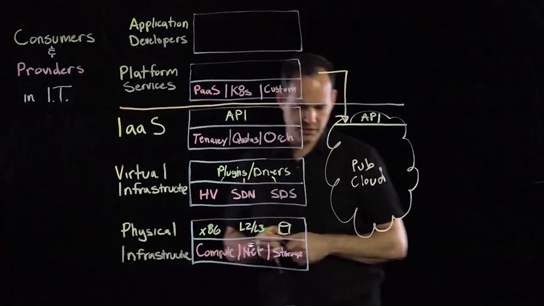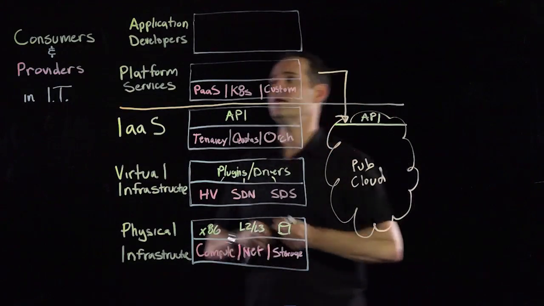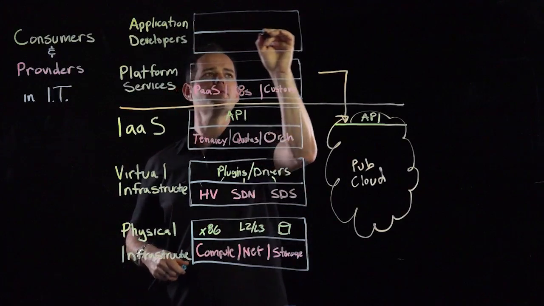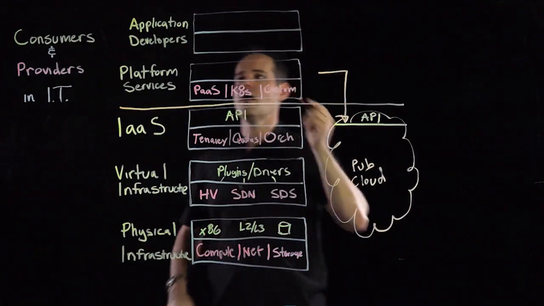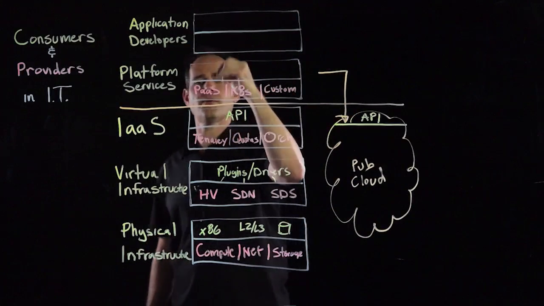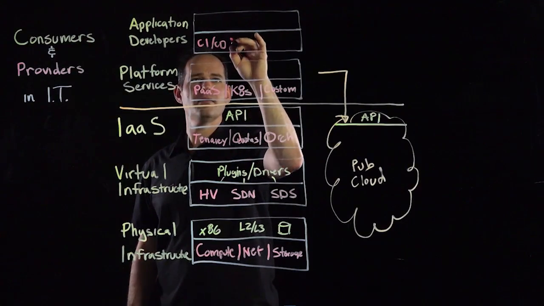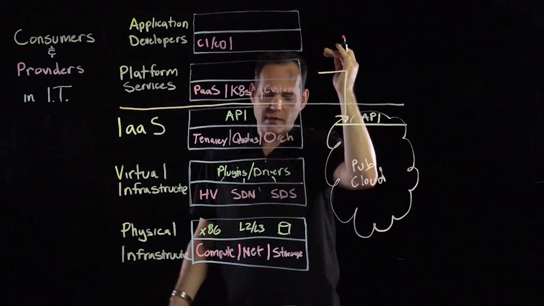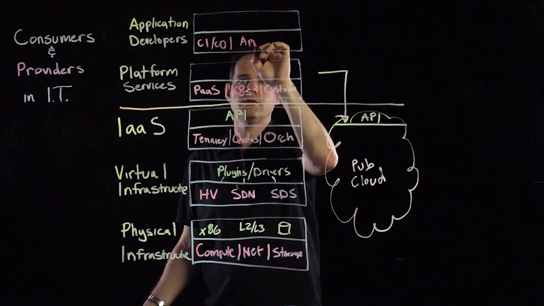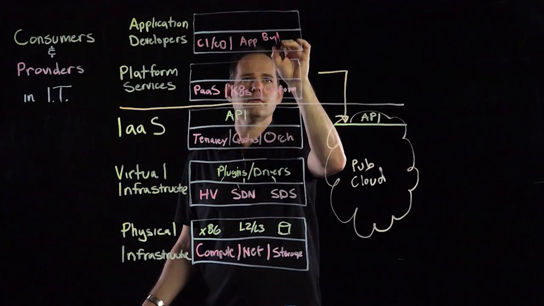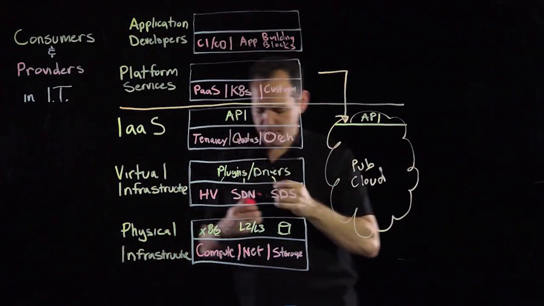Okay, so there's platform services. Now, the next piece here is the actual application developers. So what do they want? The consumption model they want and the building blocks that they want are really abstractions even further from the actual infrastructure. So maybe it's like a CI/CD pipeline. Maybe it's just basic application building blocks. And what do I really mean by basic application building blocks?